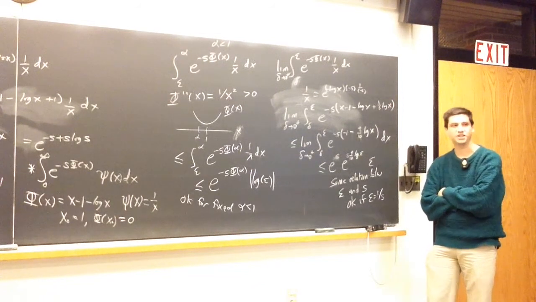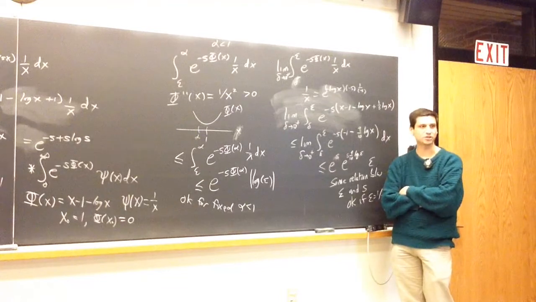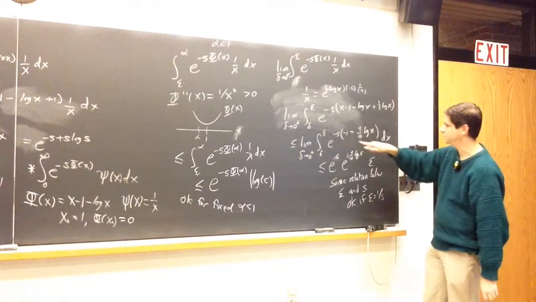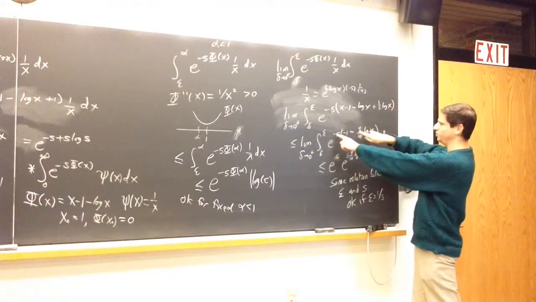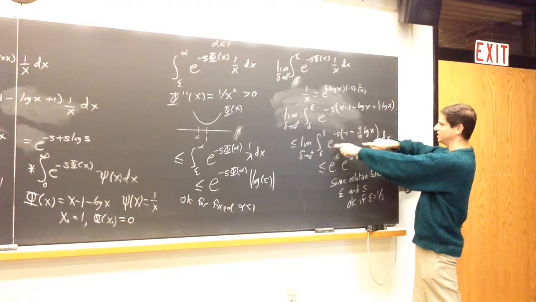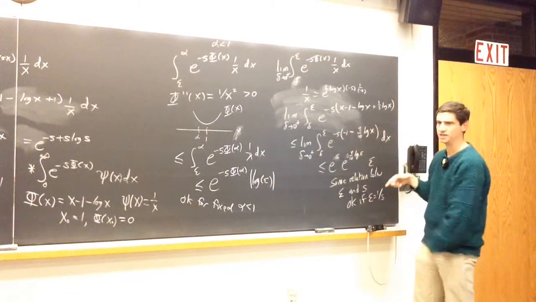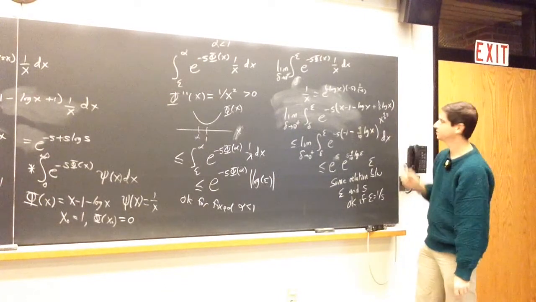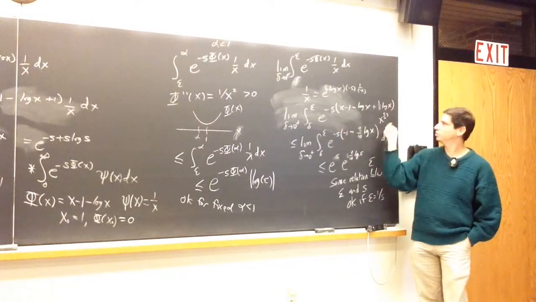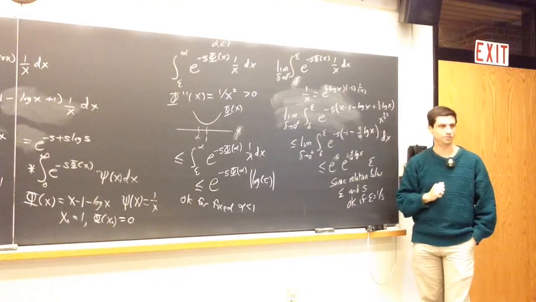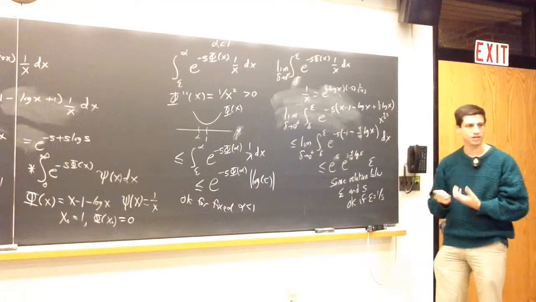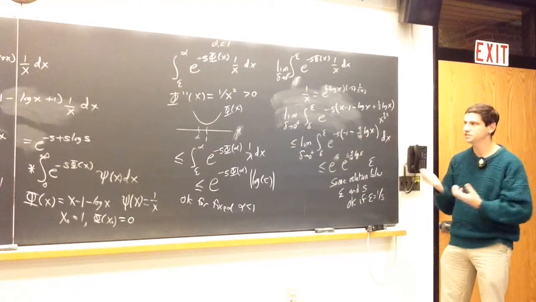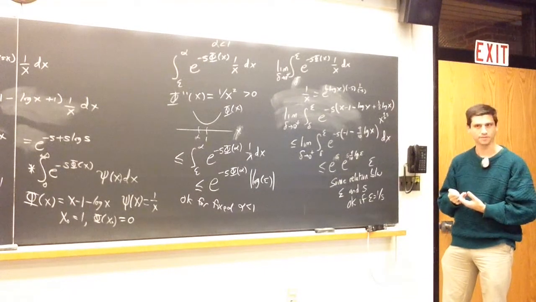As s goes to infinity and x is less than 1, this is going to be negligible. So another way we could attack this is we could just say, well, look, this part over here is going to just look like x to the 9/10 s. And when we integrate that, well, that's going to be negligible. So there's lots of different ways you could handle this. And I just want to give you a sense of the different techniques you can use.